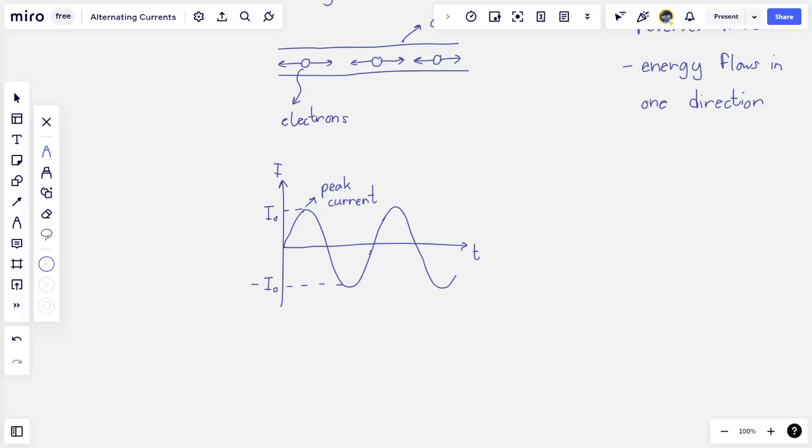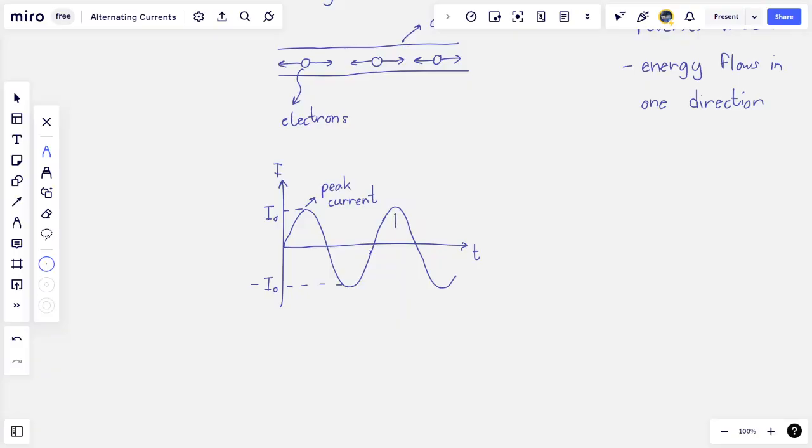We have to define another quantity which is specific to AC and specific to cathode ray oscilloscopes, which we'll talk about a little bit later on. But a cathode ray oscilloscope doesn't have a nice set of axes. We simply see a sine wave, and that sine wave can be shifted and moved around the screen. So measuring a peak current will be difficult because you wouldn't know where the central point is, where the x-axis is.